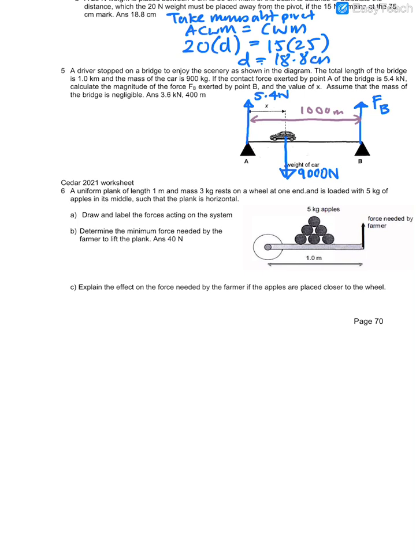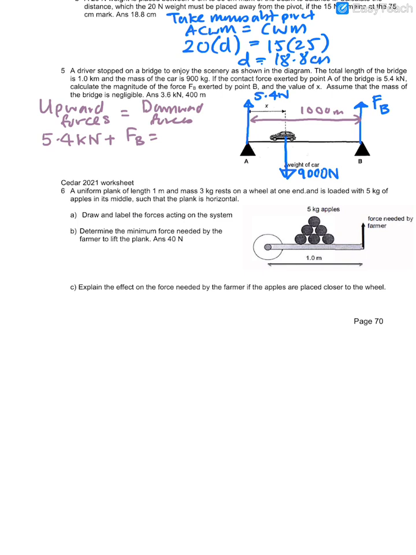So what you do, you apply the second condition for everything to balance. The upward forces equal the downward force. Okay, what are the upward forces? 5.4 plus FB equals to?